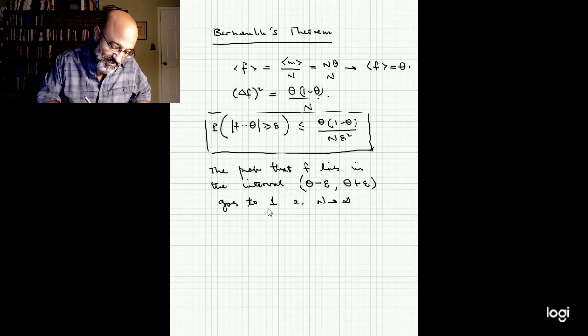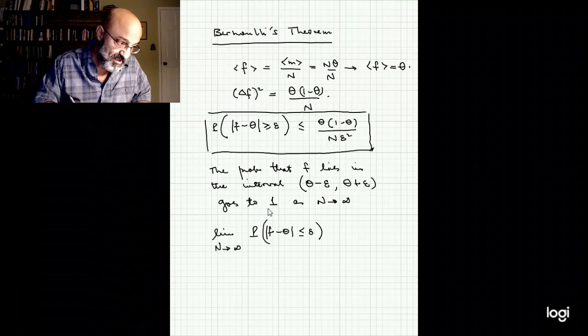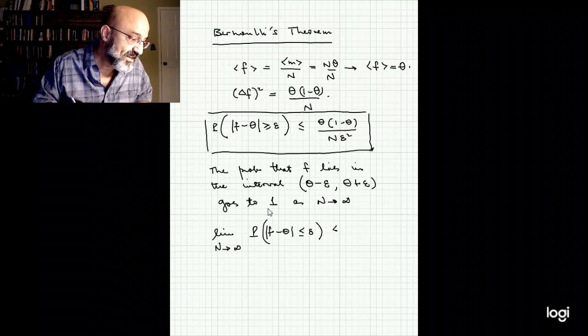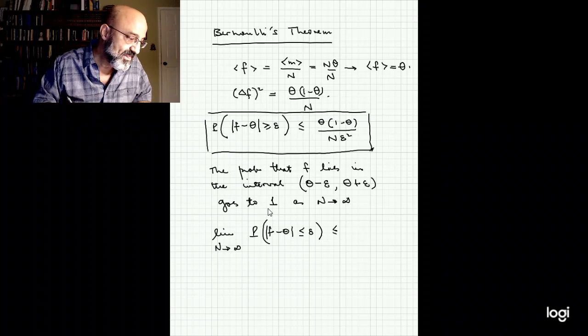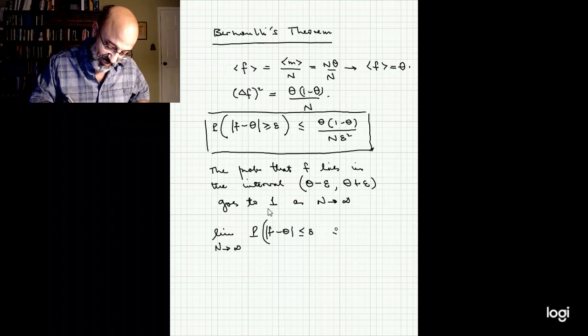And so we can write this as follows. The limit as n goes to infinity of the probability of f minus theta being smaller than epsilon, in n trials, is 1.